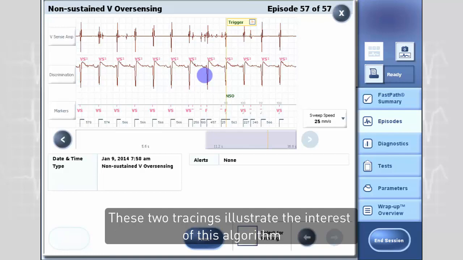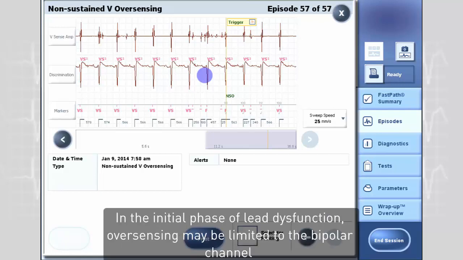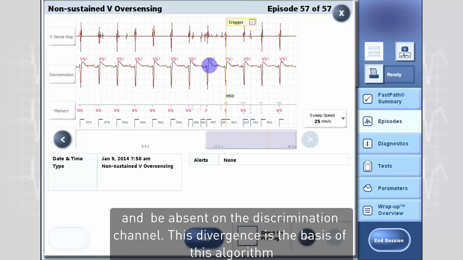These two tracings illustrate the interest of this algorithm to prevent the delivery of inappropriate therapies in case of lead dysfunction. In the initial phase of lead dysfunction, oversensing may be limited to the bipolar channel and be absent on the discrimination channel. This divergence is the base of this algorithm.